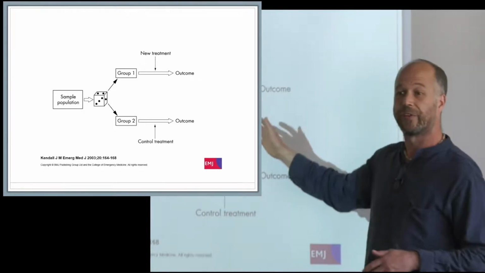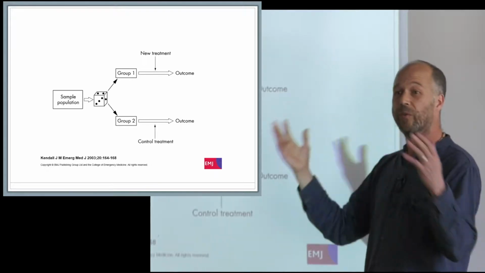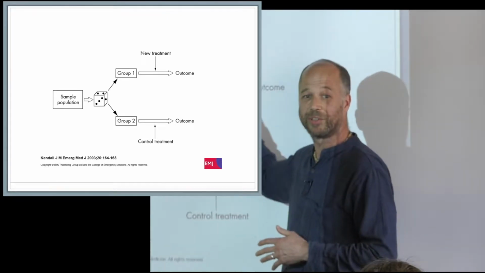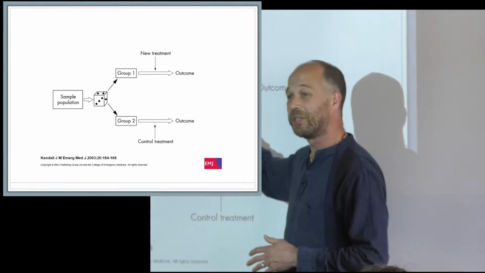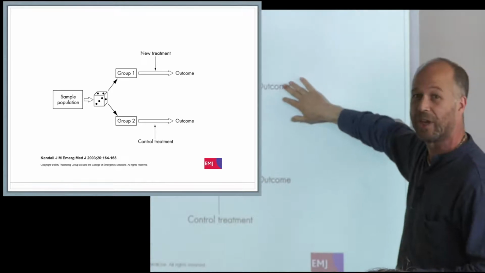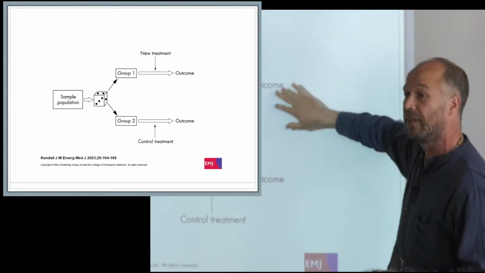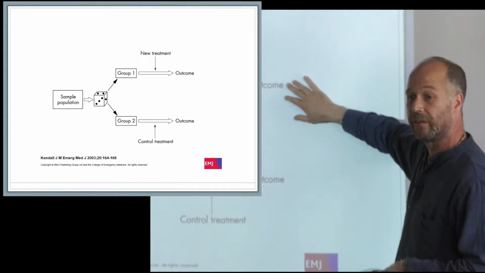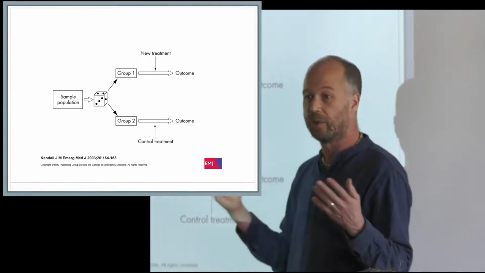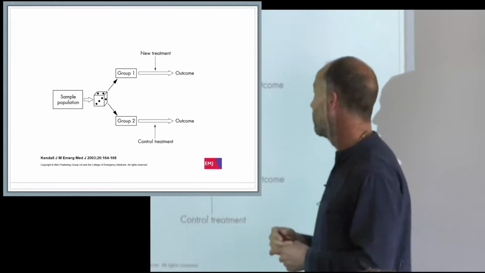At the end of the study, the people who've invested their careers in testing this intervention, which they believe is the magic bullet to this problem, are praying it will show a significant difference in the primary outcome you're measuring, which might be longer life or number of admissions, or could be a cost effectiveness evaluation.